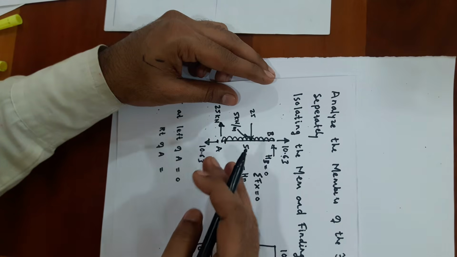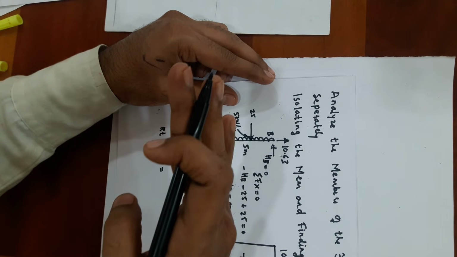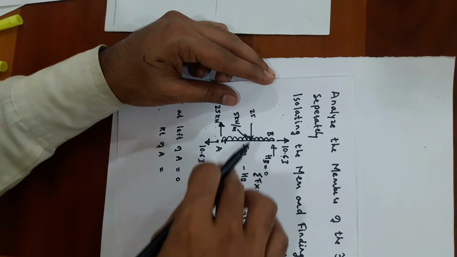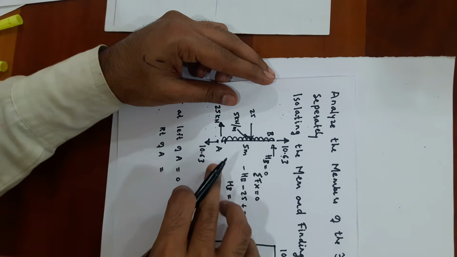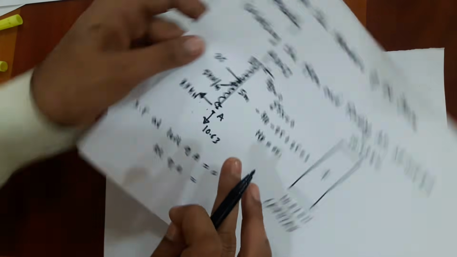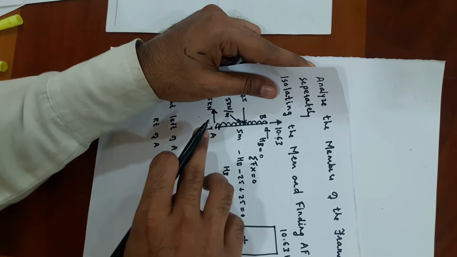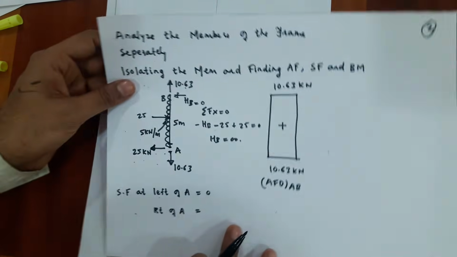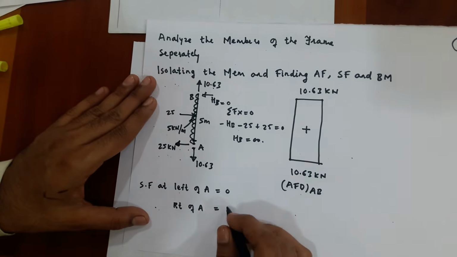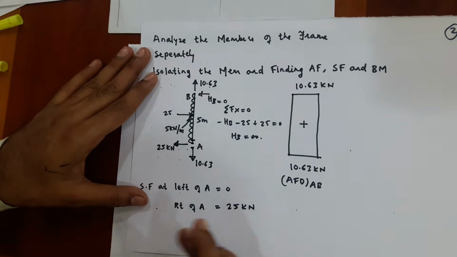So when you are following a direction from left to right, for shear force, the upward force will be positive and the downward force will be negative. A to B means it is left to right. So here at the right of A, shear force is 25 kilonewton.